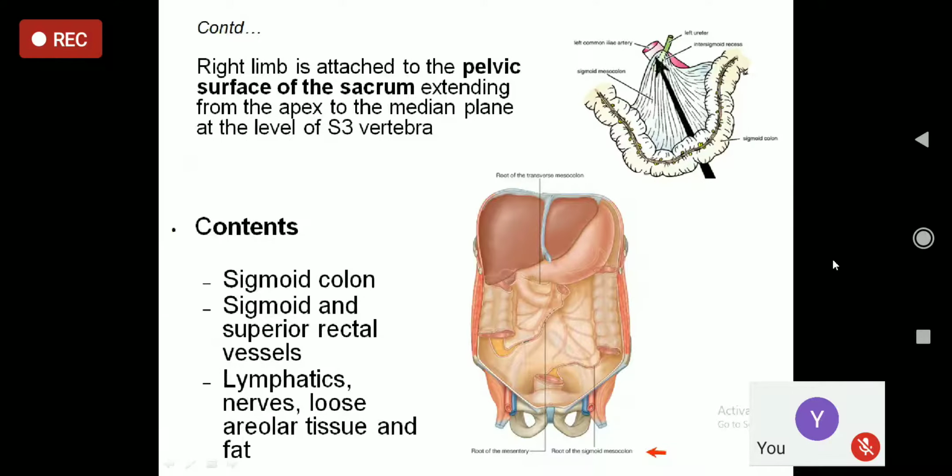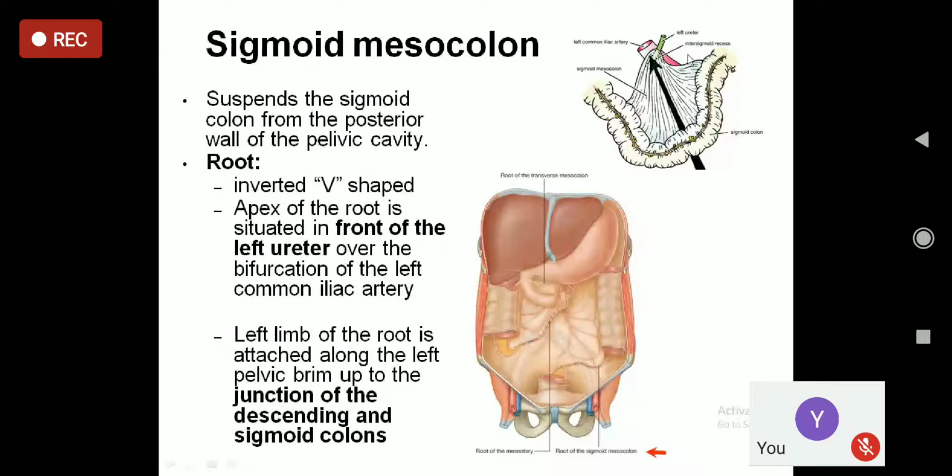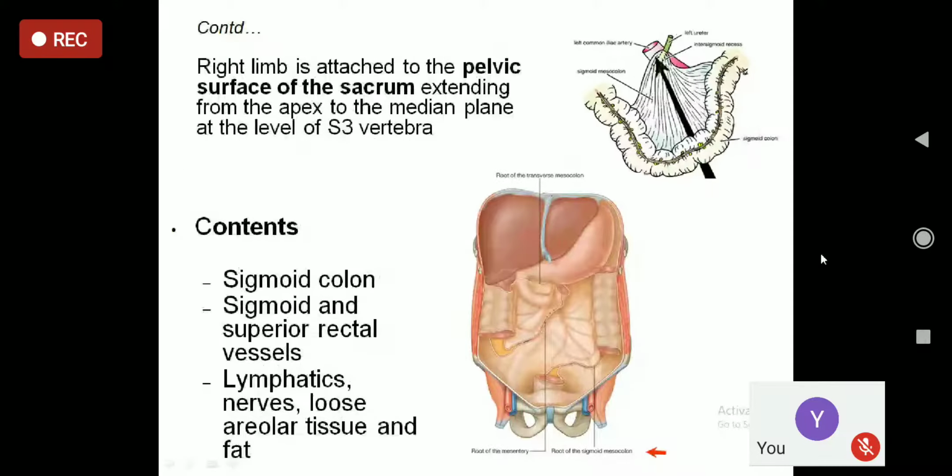The right limb is attached to the pelvic surface of the sacrum, extending from the apex to the median plane at the level of the S3 vertebra. So that is the attachment of the right and left limb of the sigmoid mesocolon.